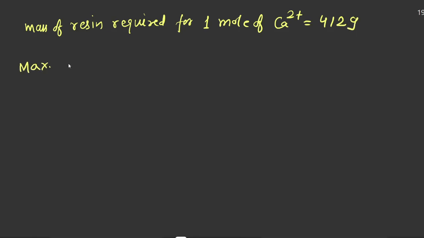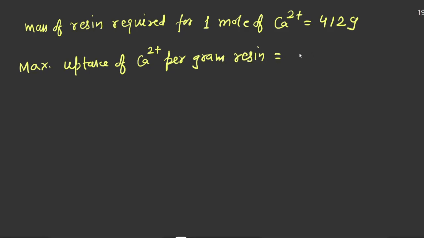So that's why maximum uptake of calcium 2 plus per gram resin should be 1 upon 412. Okay. Next.